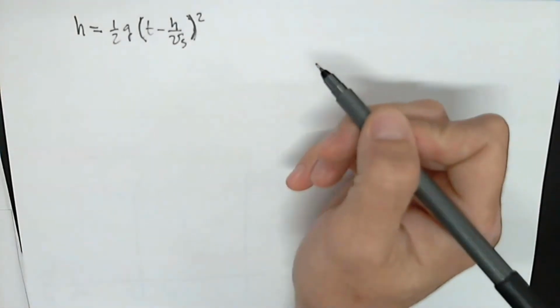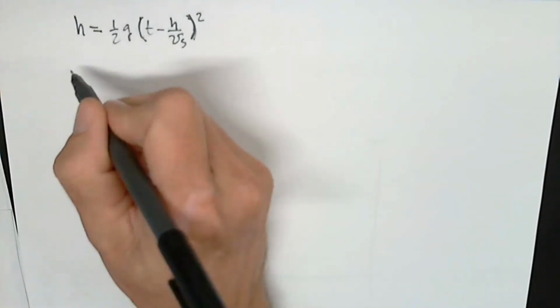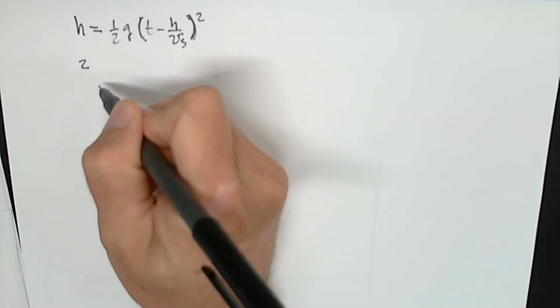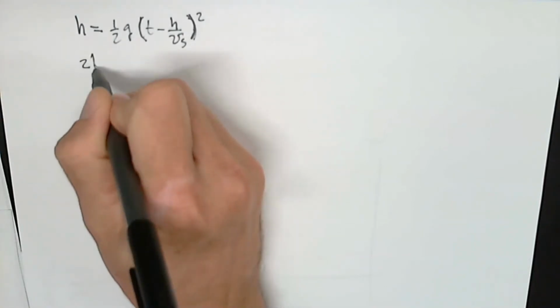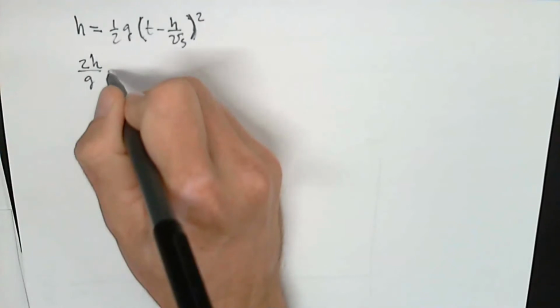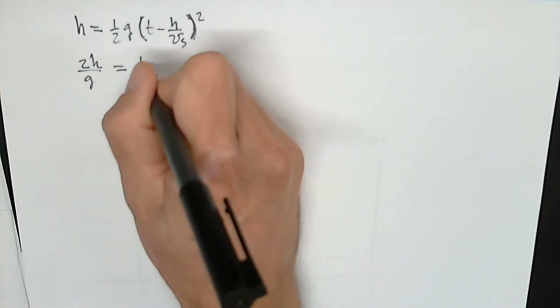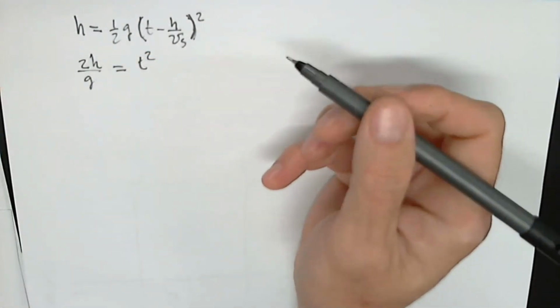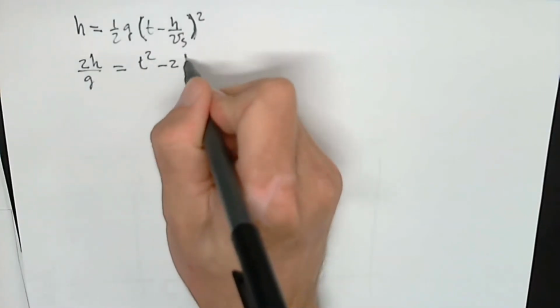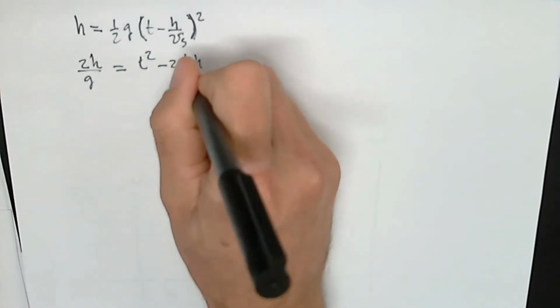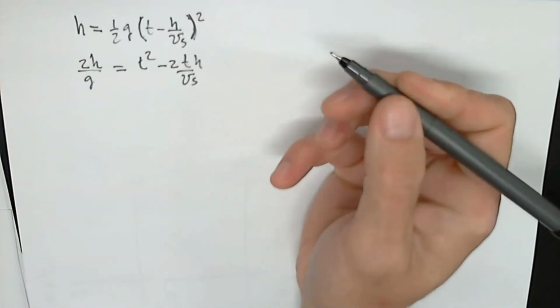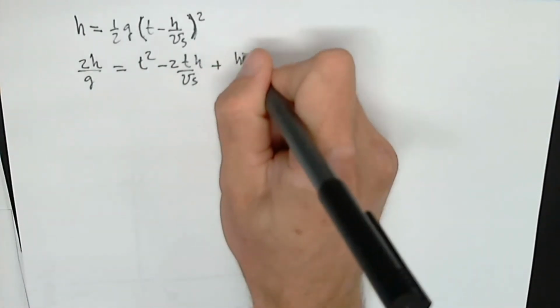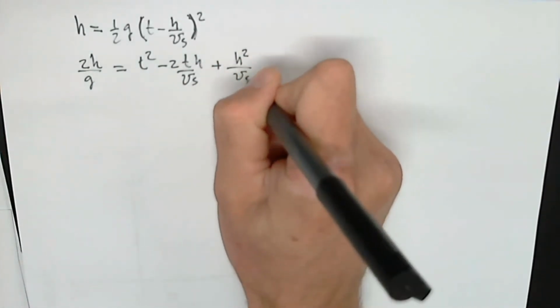Okay, I'm going to put 2h over g, and I'm going to square this: t squared minus 2th over bs plus h squared over bs squared.